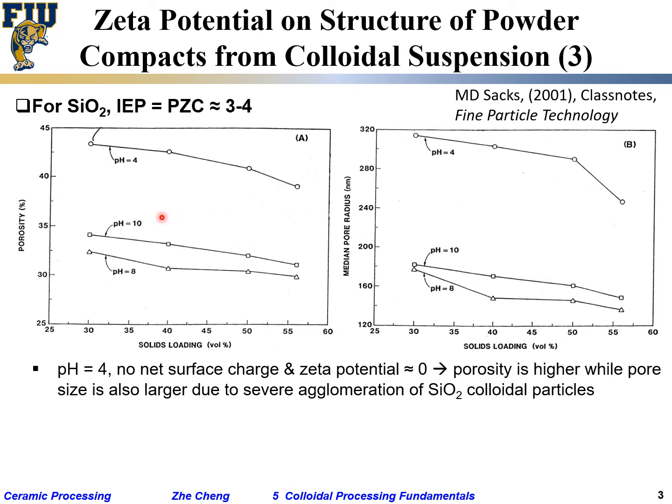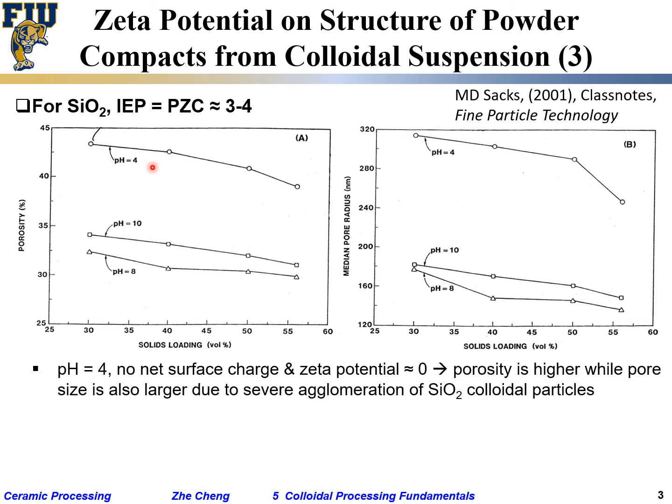The more dramatic effect is between pH. What we see, pH is 4, which is very close to what? PZC, which means the particles have almost 0 charge, right? Close to PZC, 0 charge, which means they are stable or not stable when I'm here? Not stable. The suspension is not very stable.